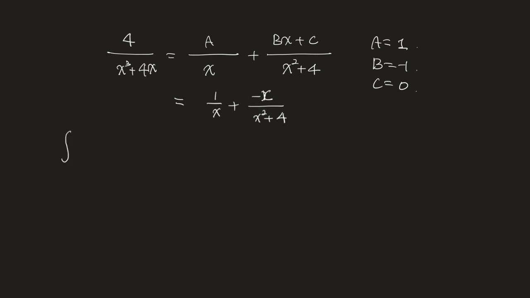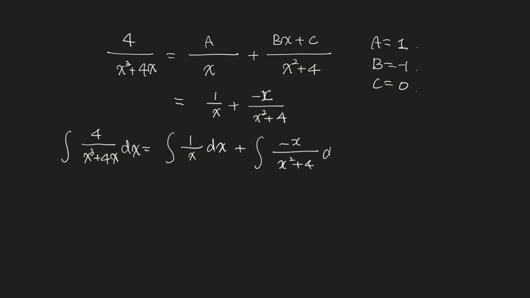Let's take the integral of 4 over x cubed plus 4x dx: the integral of 1 over x dx, plus the integral of -x over x squared plus 4 dx. This one is no problem.